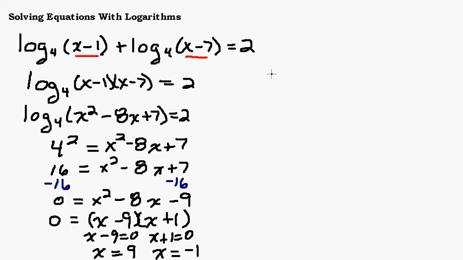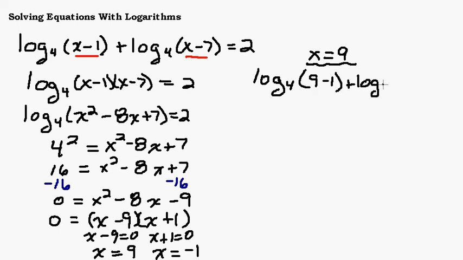Let me write the original equation over here. We have log base 4 of, let's go ahead and plug in the 9. X equals 9. So let's plug that in and see if it works. Log base 4 of 9 minus 1 plus log base 4 of 9 minus 7 equals 2.